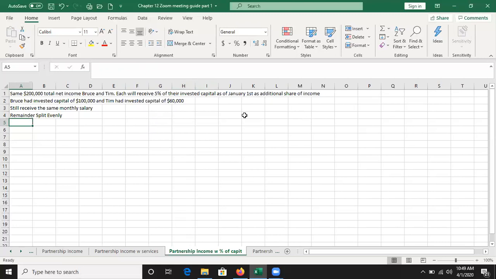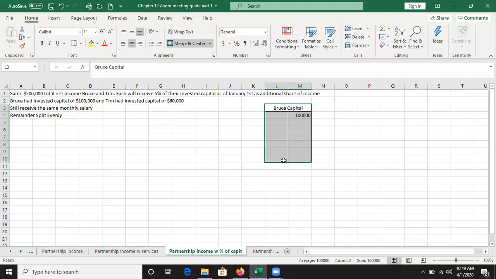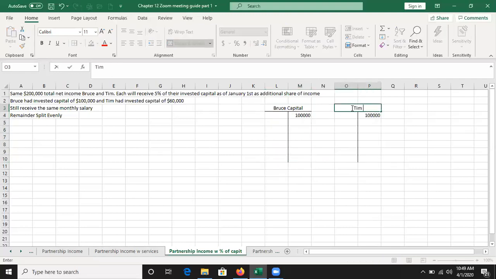Okay? Then it says Bruce had invested capital of 100,000 and Tim had invested capital of 60,000. So real quick, I'm going to make 2 charts for each of them. So what this means is Bruce had a capital balance of 100,000. Tim had a capital balance of 60.